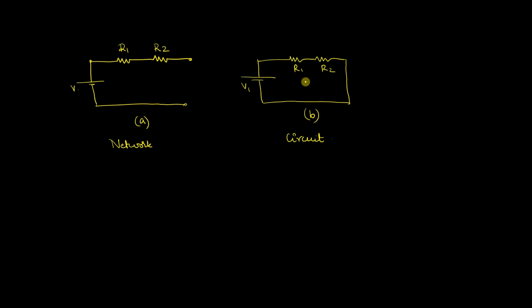This is a very important thing because we use the terms interchangeably. One provides a closed path, one may not. An electrical circuit can always include one or more networks forming closed paths. This is an important concept to be remembered.